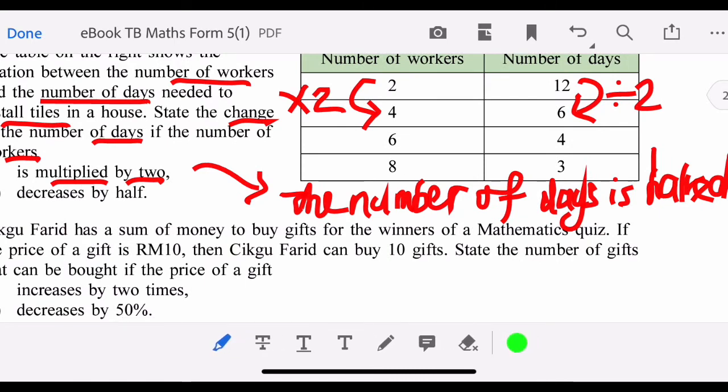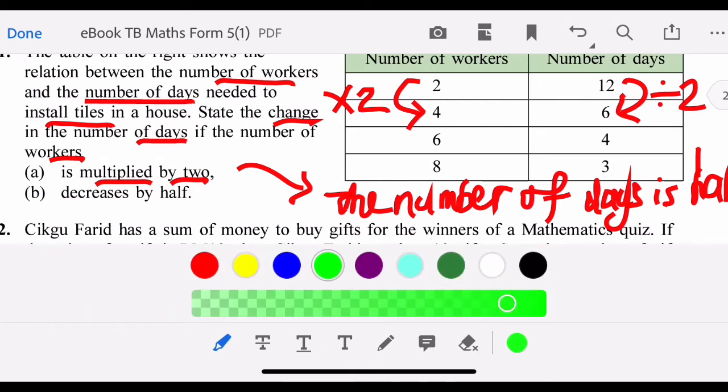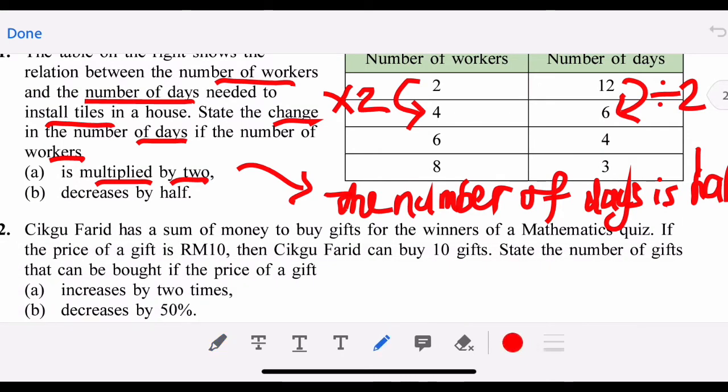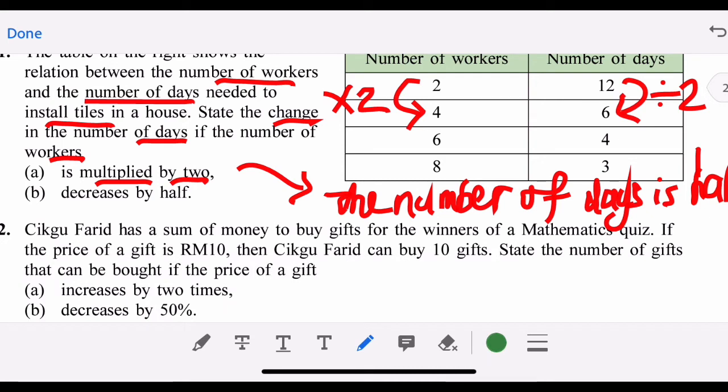What about if the number of workers decreases by half? If it decreases by half, that means from 4 it becomes 2, right?